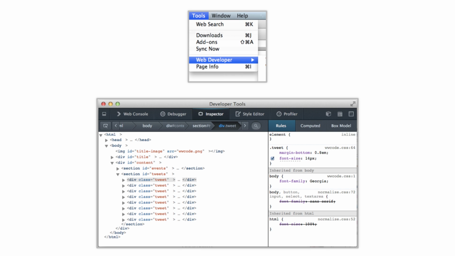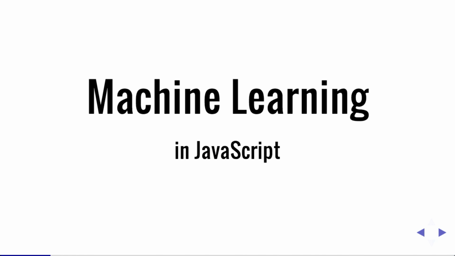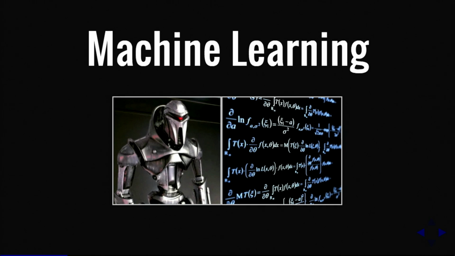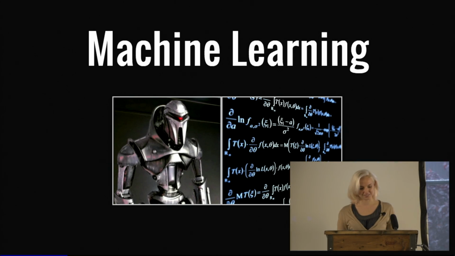But I'm not going to talk about that today. I'm going to talk about something else that I'm really interested in, which is machine learning, and more particularly bringing machine learning to JavaScript. So let's talk about machine learning for a second. I think machine learning as a phrase sounds really intense. Like it kind of sounds like a robot apocalypse, to be honest.